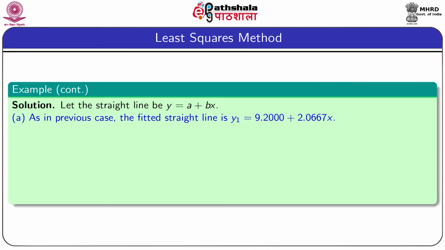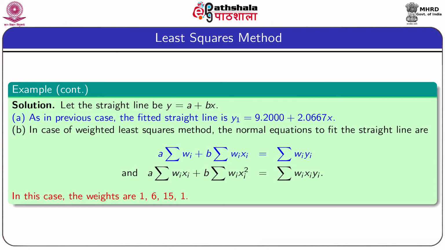Let the straight line be y equal to a plus bx. Now for problem A, that means to fit the straight line without considering the weights, the fitted straight line is y1 equal to 9.2000 plus 2.0667 into x. Now we consider the weights for the sample points.